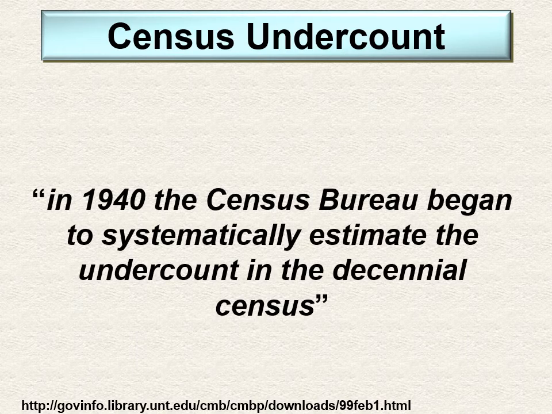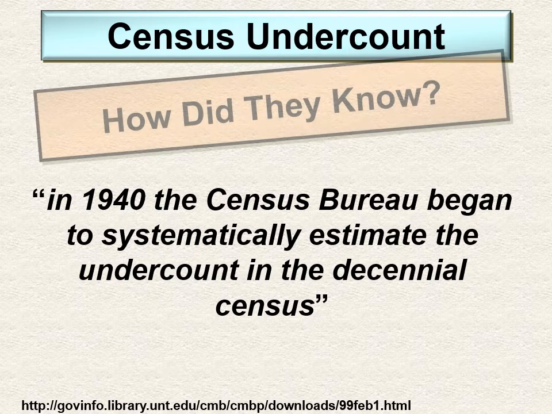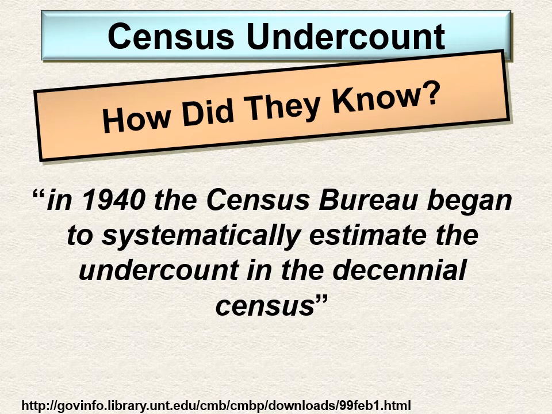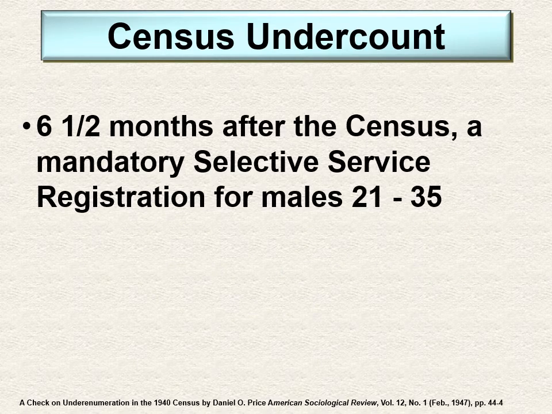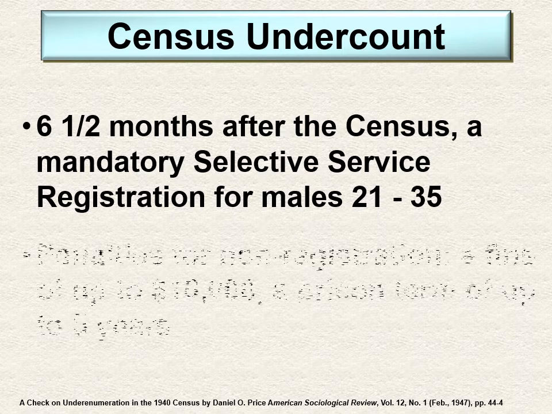So in 1940, the Census Bureau began to estimate the undercount in this 10-year census. And they got an indication that undercounts were a serious problem. 6.5 months after the 1940 census, there was a mandatory selective service registration for males 21 to 35, and that had teeth in it.